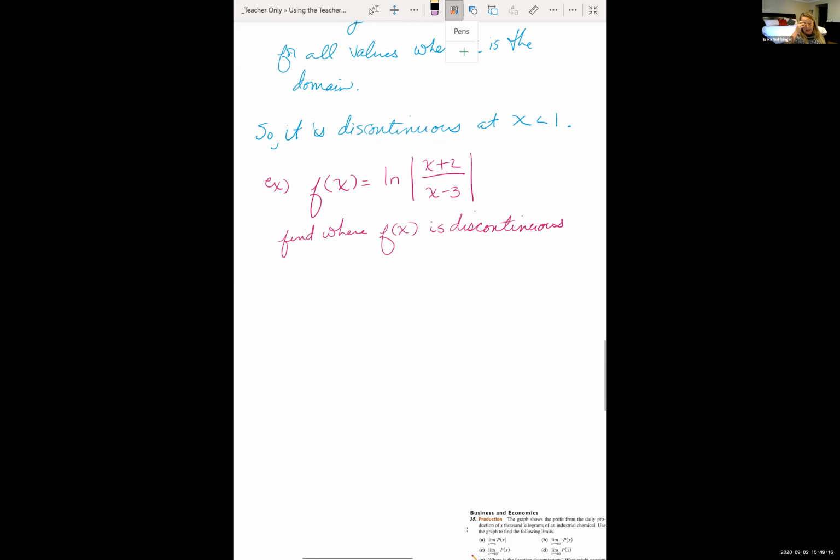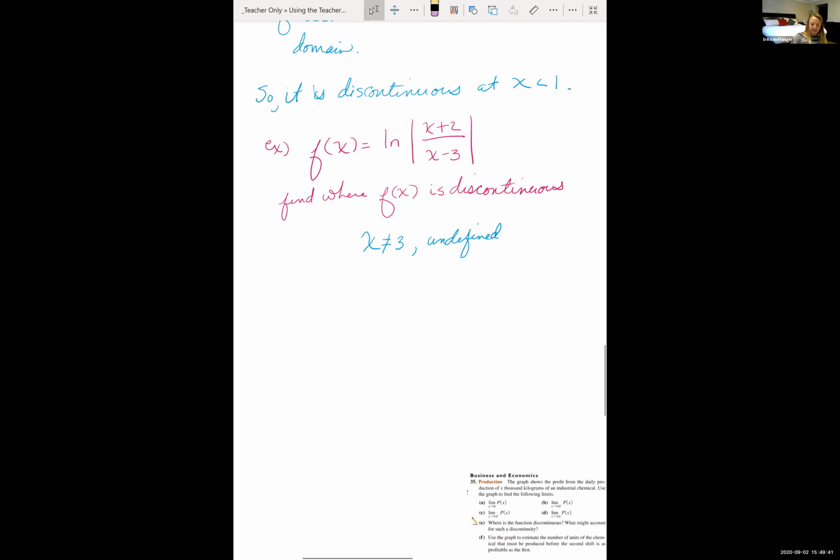Well, first of all, we can't have 0 in the denominator. So x cannot be 3. This is undefined. The other thing is we have a log function, and when you're taking a log of something, it has to be greater than 0. So for logs and natural logs, what you're taking the log of has to be greater than 0.